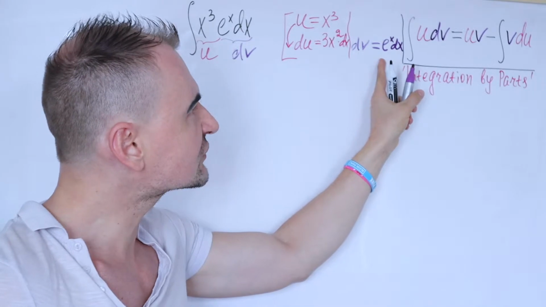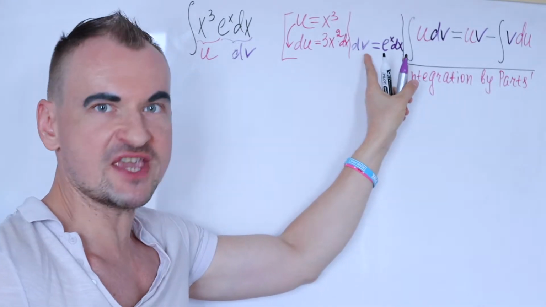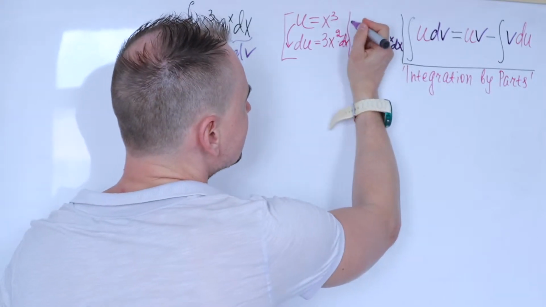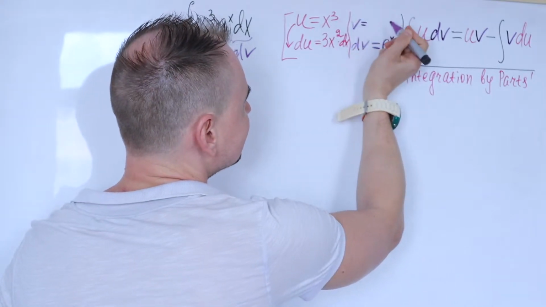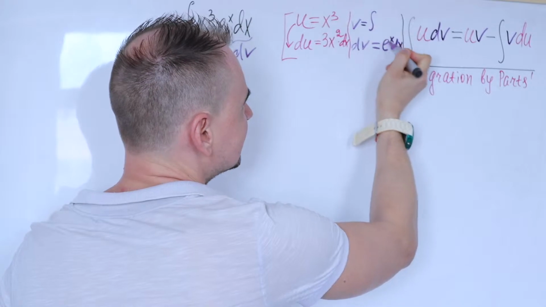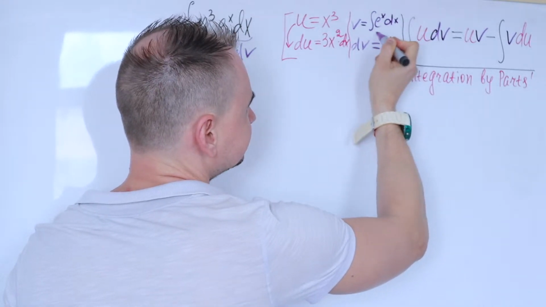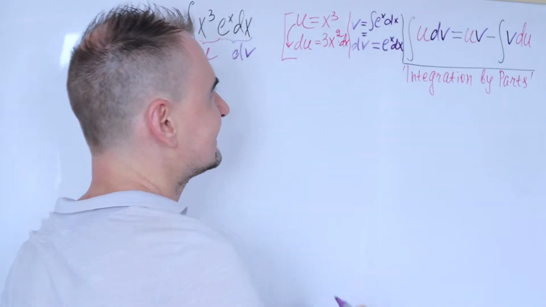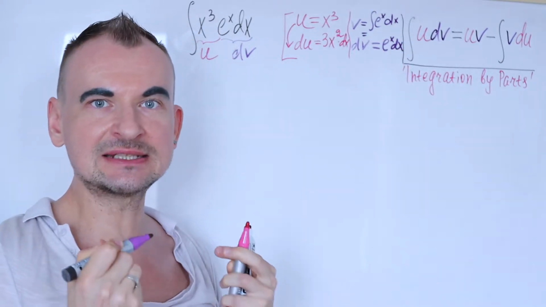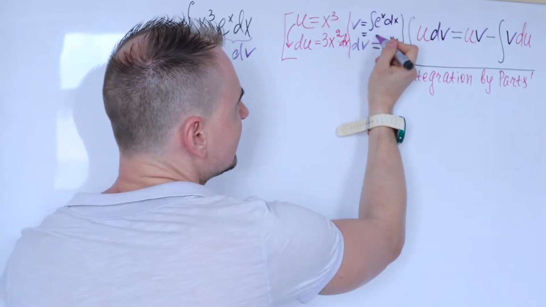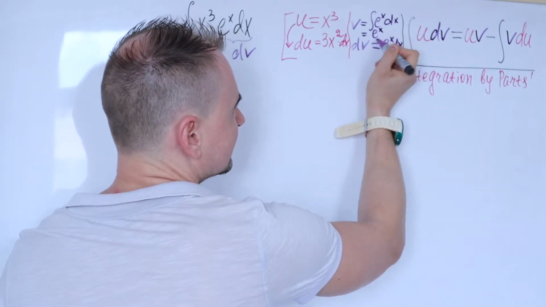Now, also we need to know v. And to find v, all we need to do is just take the integral of e to the x dx. And since the antiderivative of e to the x is just e to the x, v is e to the x.